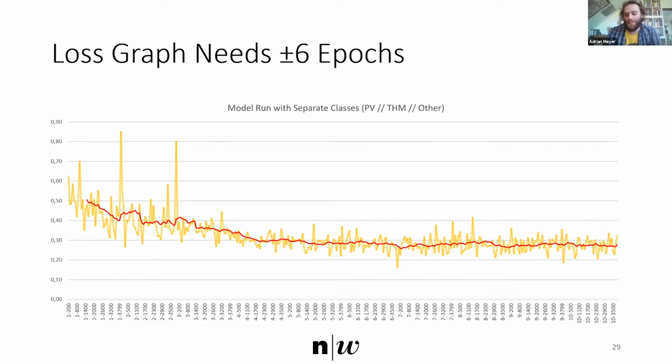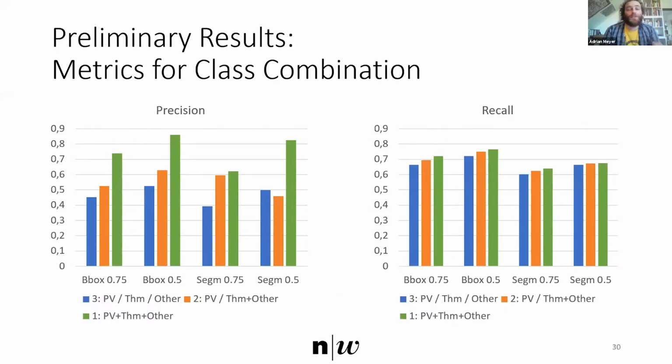We didn't actually need the parallelism for the training. What was very interesting to see, though, if we pooled the labels together, the photovoltaics and the thermals, they are not even for humans very easy to tell apart, especially with this class other, where it's not completely sure. Sometimes you have a glass roof, sometimes you have something that could be a solar panel.